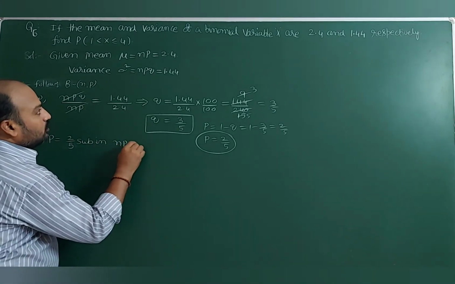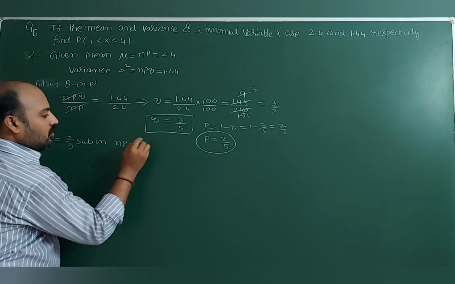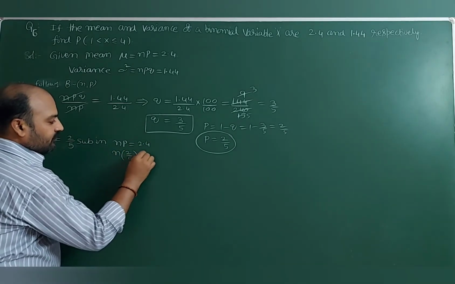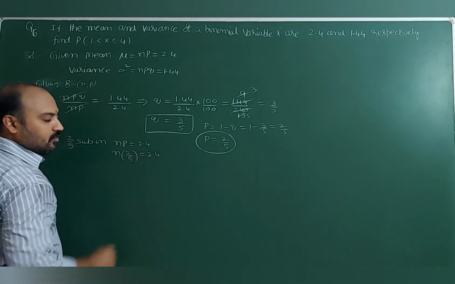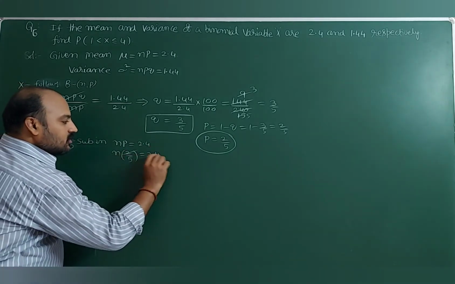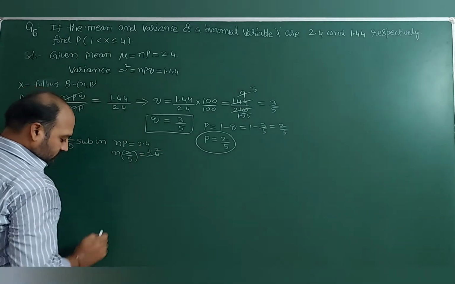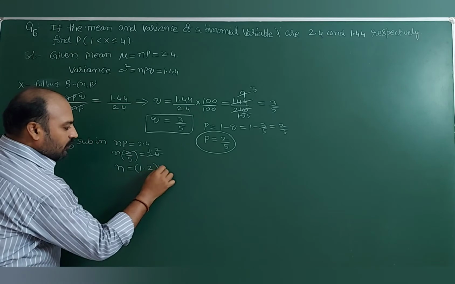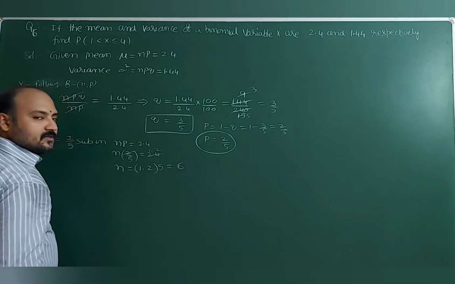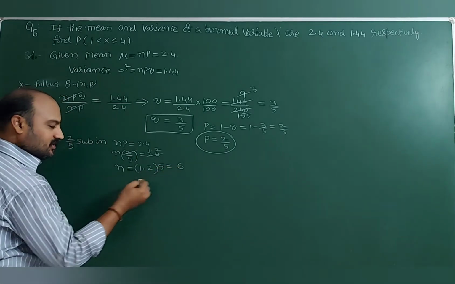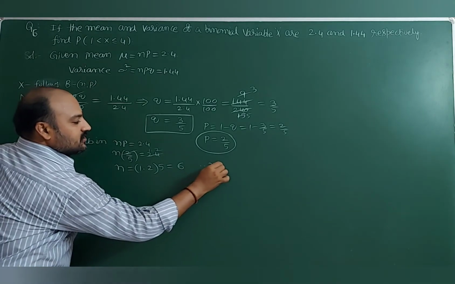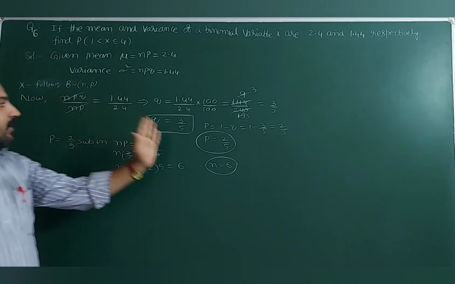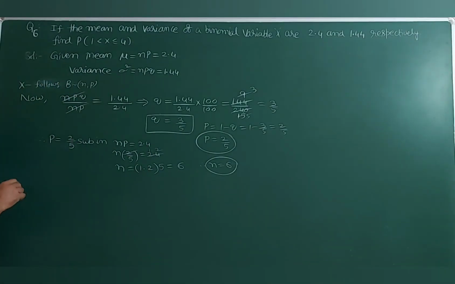NP is equal to 2.4, so n into 2 by 5 is equal to 2.4. Cross multiplying, n is equal to 1.2 into 5, that is equal to 6. So n is equal to 6. So we got the n value, p value, q value. Now come to the question.